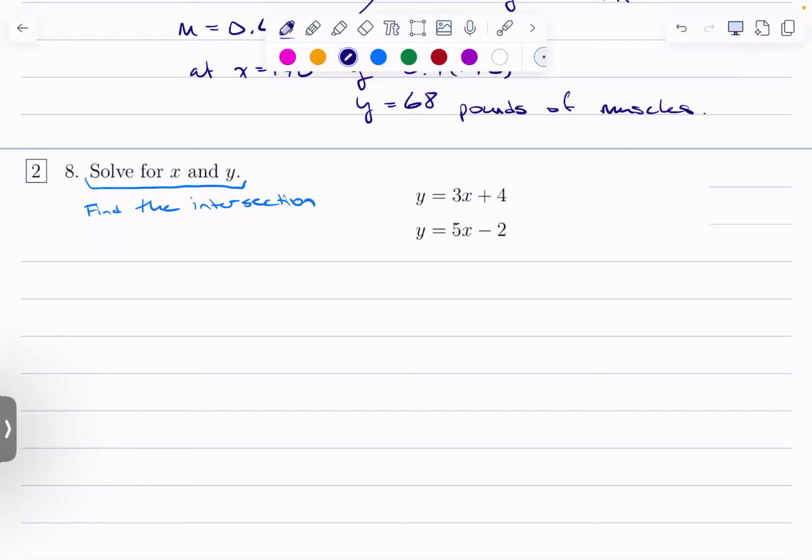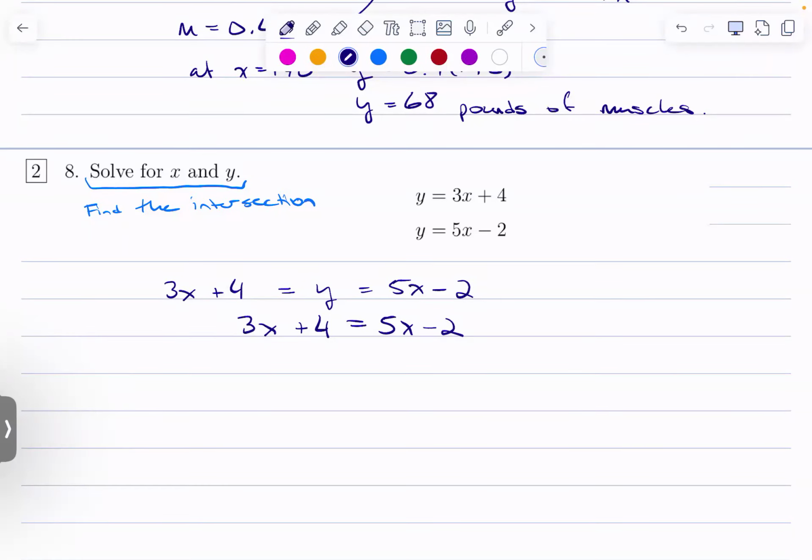And so if I have 3x plus 4 is equal to y, but y is also supposed to be equal to 5x minus 2, then I can bridge those equal signs. And I can say, okay, well then in that case, 3x plus 4 must be equal to 5x minus 2. And then I can solve for x.